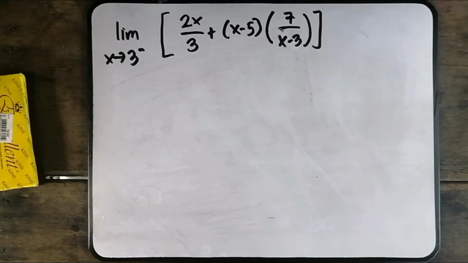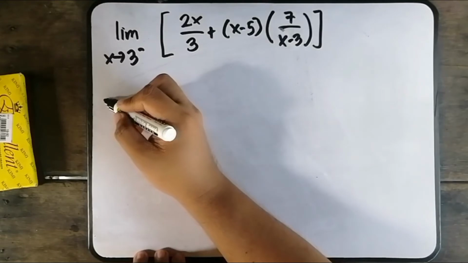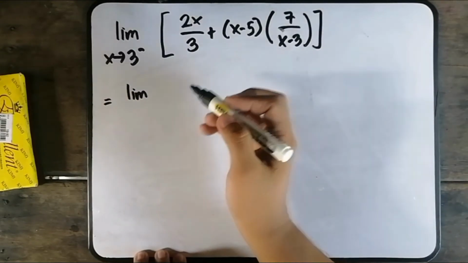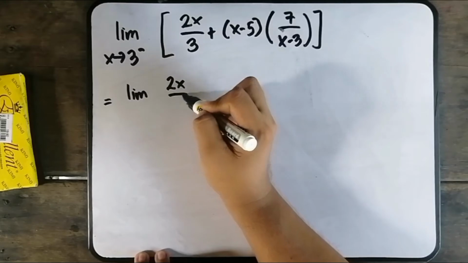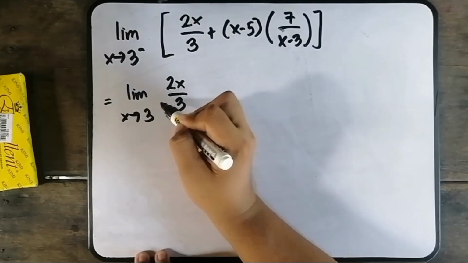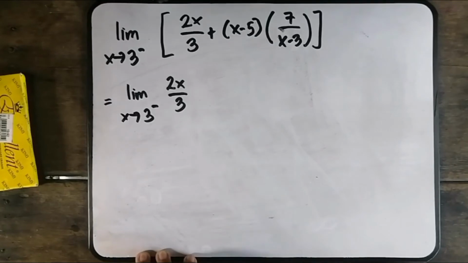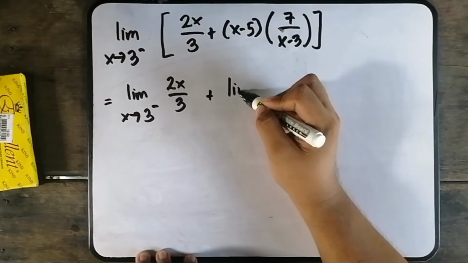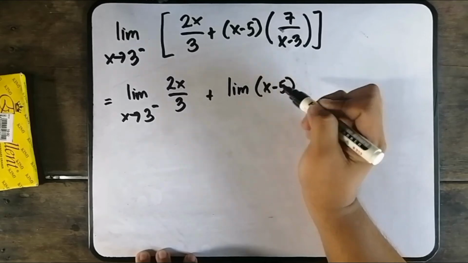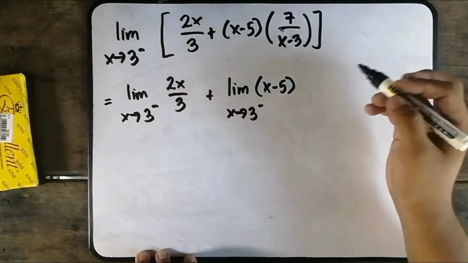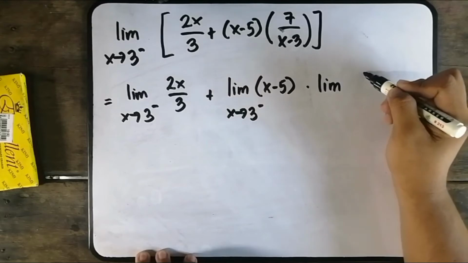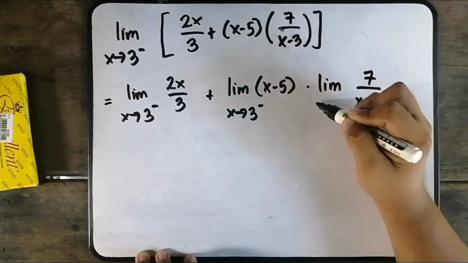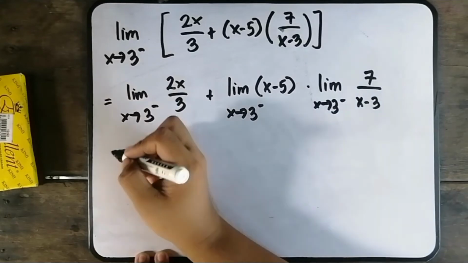Now let's evaluate this limit, the limit of the quantity 2x over 3 plus x minus 5 times 7 over x minus 3 as x approaches 3 from the left. So we get the individual limits. We have the limit of 2x over 3 as x approaches 3 from the left plus the limit of x minus 5 as x approaches 3 from the left times the limit of 7 over x minus 3 as x approaches 3 from the left.